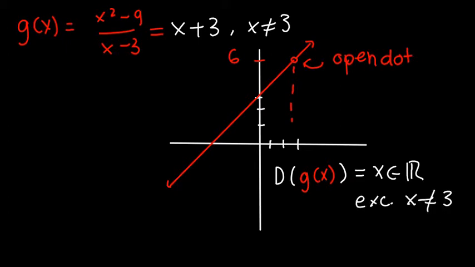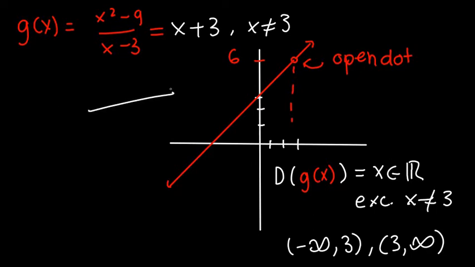Or if you were to use interval notation, you could write it as negative infinity to 3 with parentheses, because we never have anything at 3, and then parentheses again, and then 3 to positive infinity, close parentheses. This would be the interval notation, and this would be your other type of notation. You can write it either way. You wouldn't get any points deducted. Okay, so this type of discontinuity, what is this type of discontinuity?